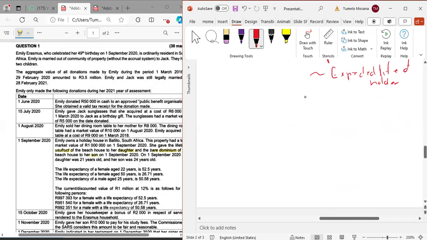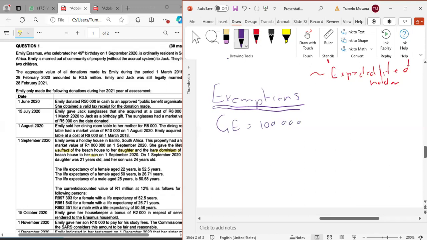So now we would have exemptions, right? Remember that everything you do in taxation has exemptions. So every time you are looking at a particular topic, always think of the exemptions, right? In most cases, you'll definitely find the exemptions. So you would essentially have a general exemption of 100,000 per year of assessment, right?